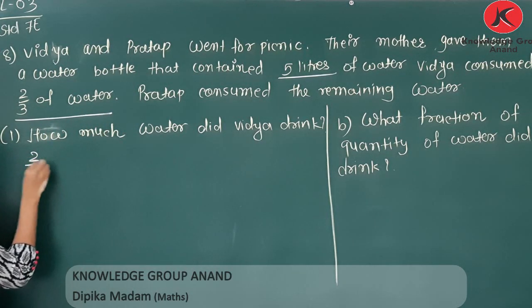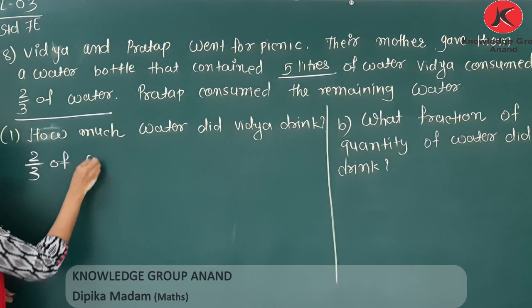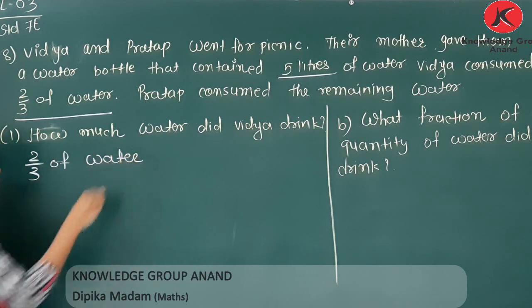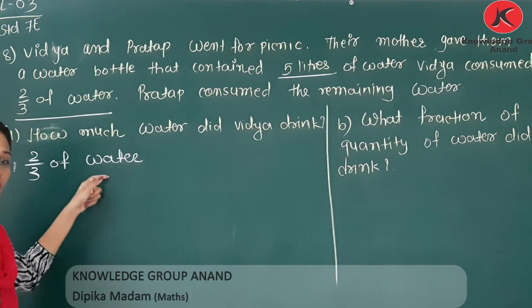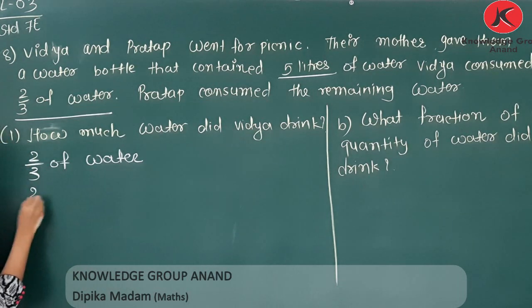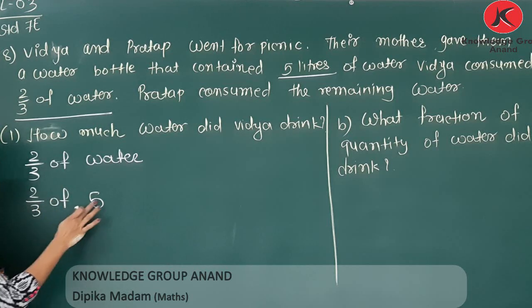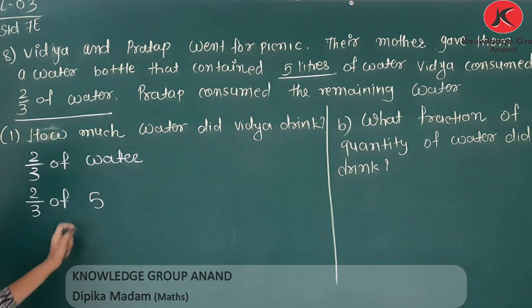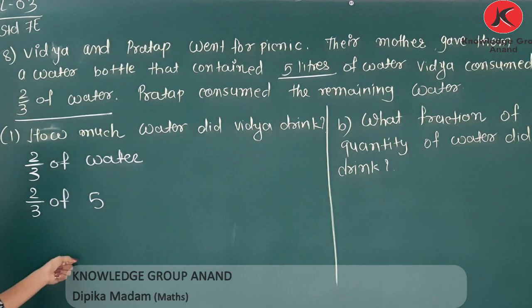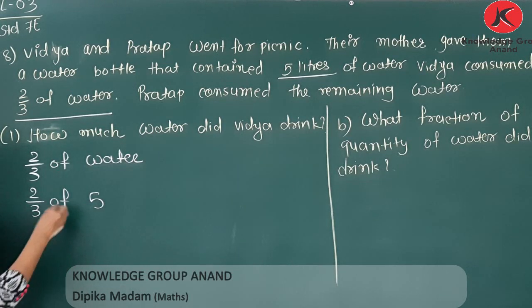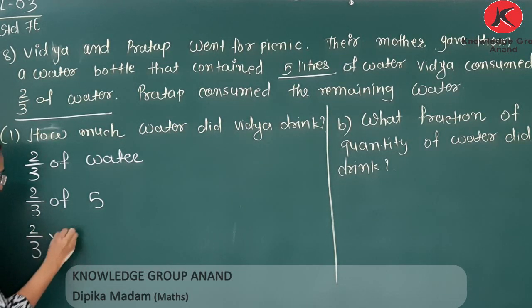So it is 2 by 3 of water. What is the total quantity of water? That is 5 liters. So 2 by 3 of 5. Instead of 5 liter, I wrote only 5. At the last in the answer we can write the unit, that is liter. Of means multiplication.